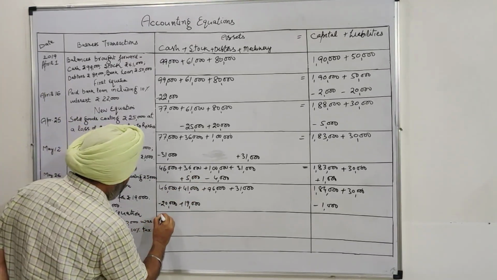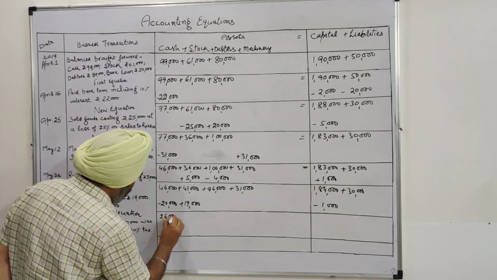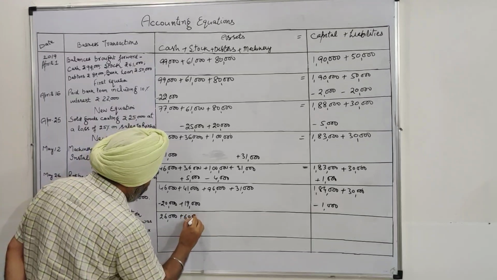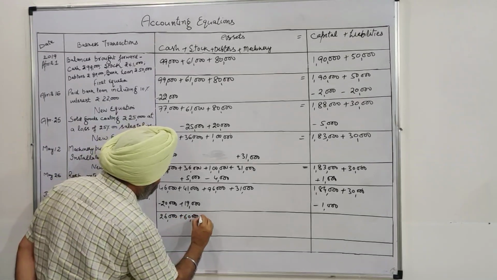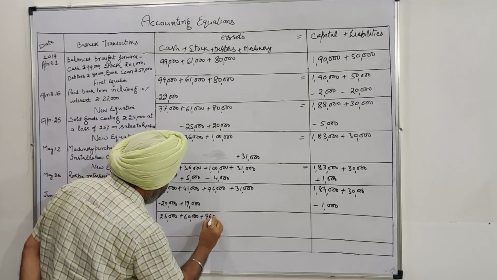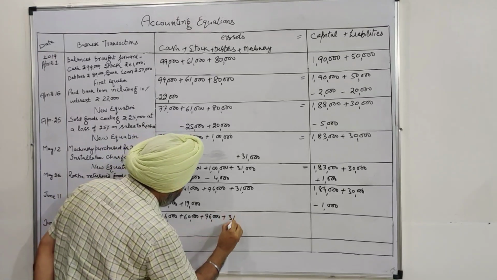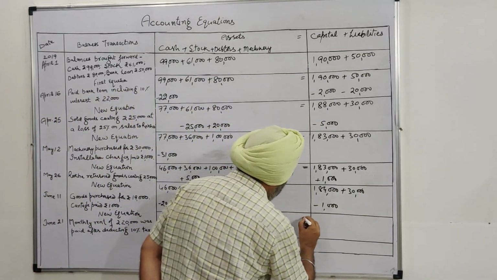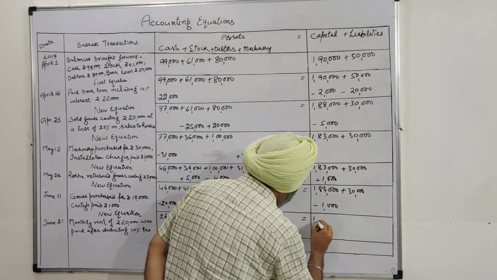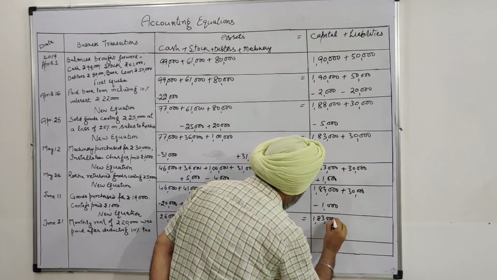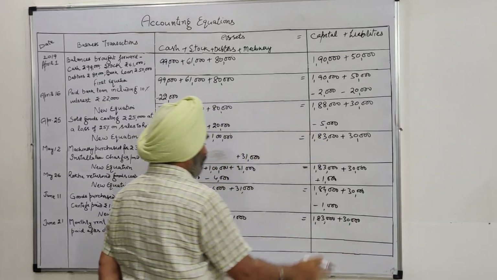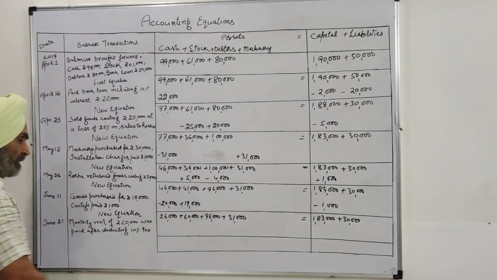So our new equation will be cash will be 26,000 plus 60,000 will be our stock, 96,000 will be our debtors, and 31,000 will be our machinery. And on this side, 1,83,000 plus 30,000. So 2,13,000 on this side and 2,13,000 on this side.